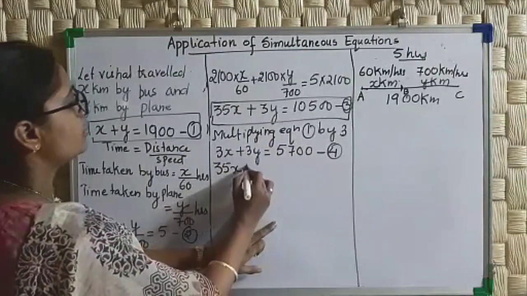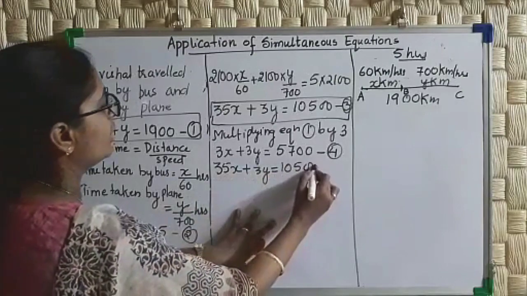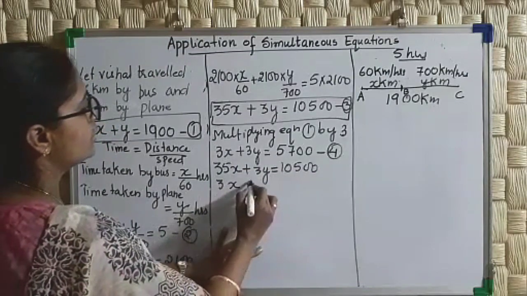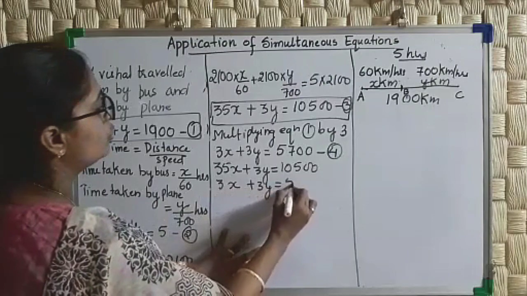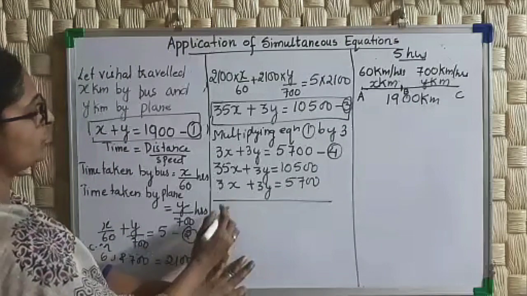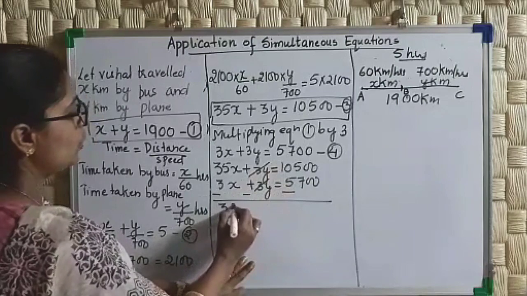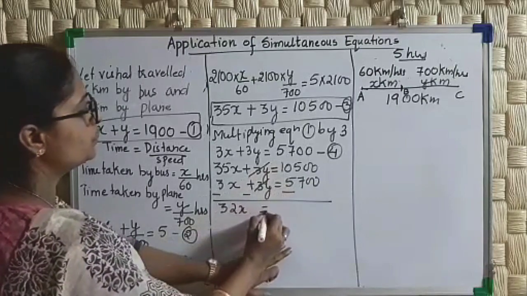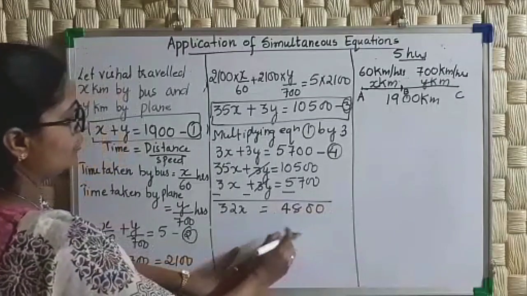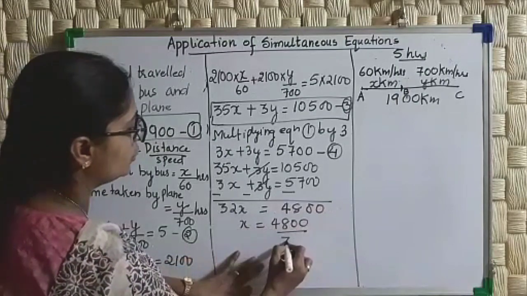So 35x plus 3y is equal to 10,500, and the fourth equation is 3x plus 3y is equal to 5700. Subtracting both the equations, you will get 32x is equal to 4800. Therefore, x is 4800 upon 32.